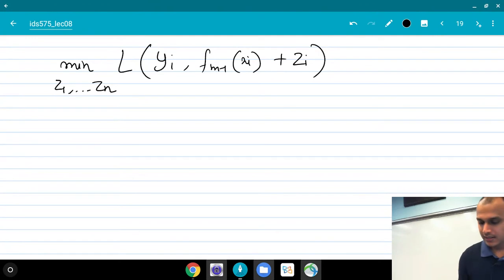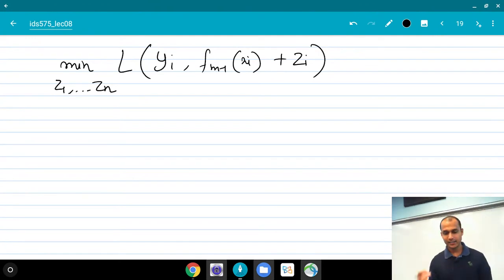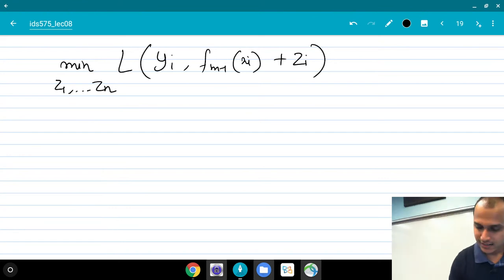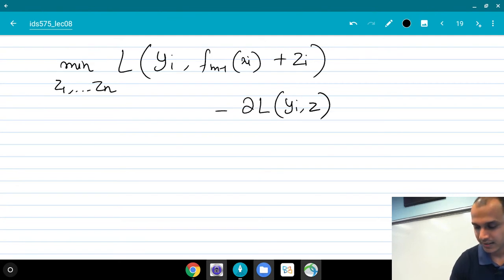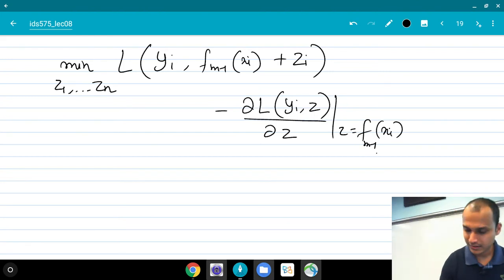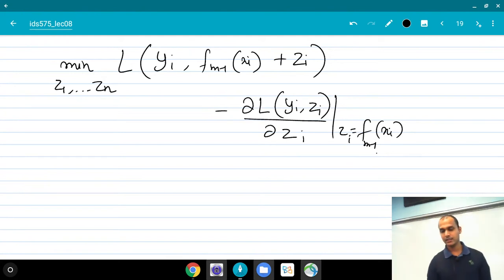Now in the gradient boosted decision tree procedure, the z's in that procedure were minus the gradient of the loss with respect to z, at z equal to f of m minus 1. Let's call it zi.